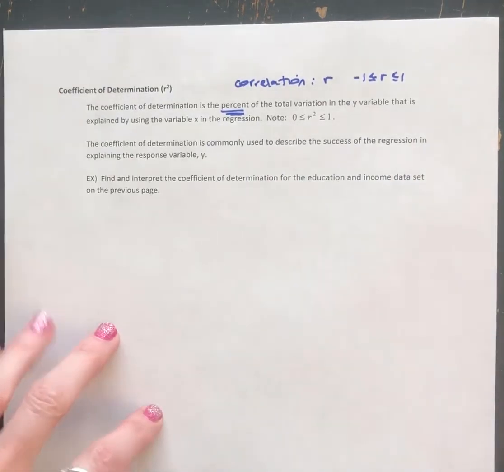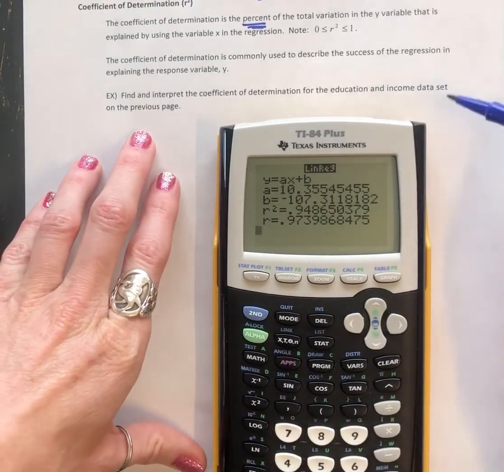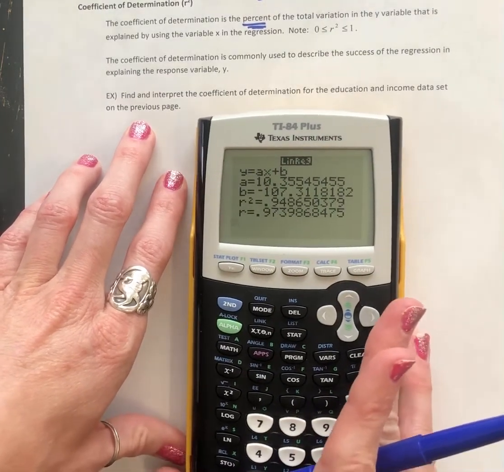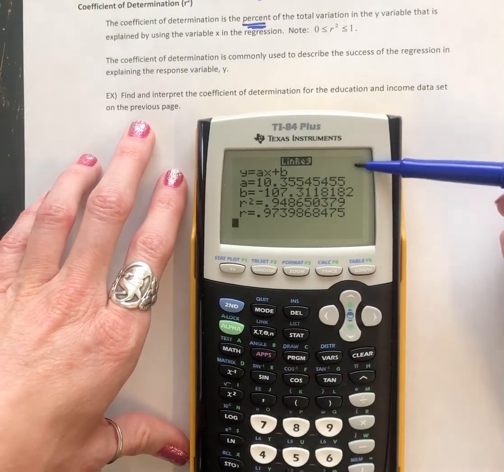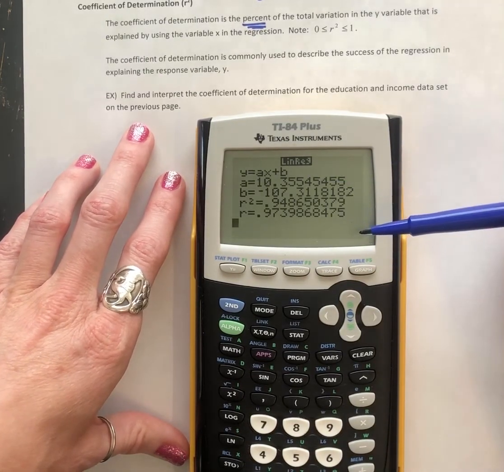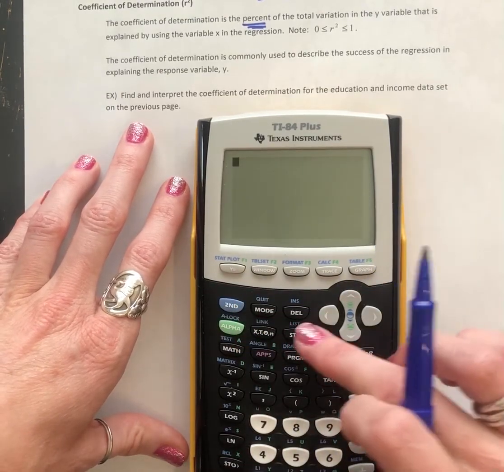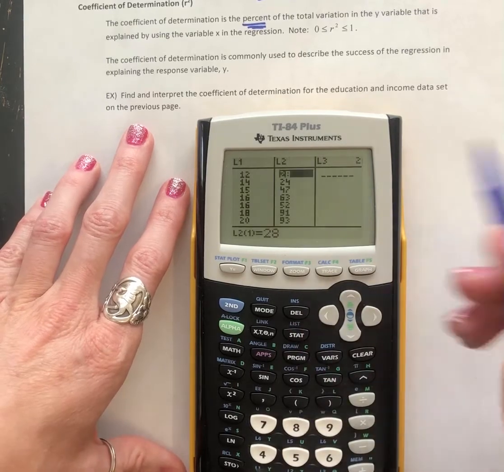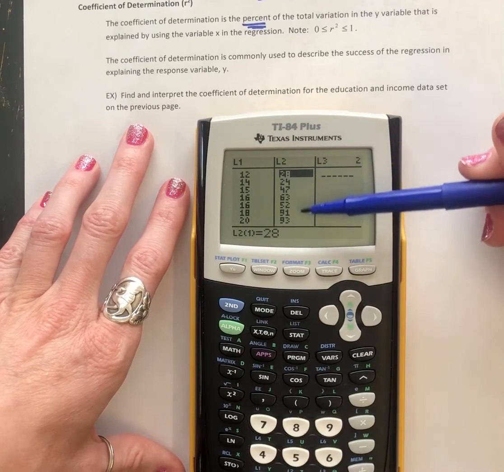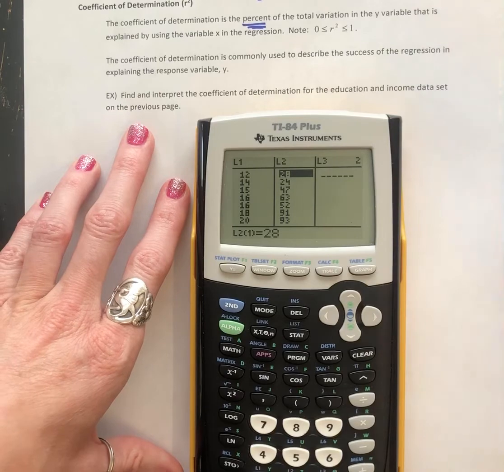Okay, so if we go back to our data set on years of education and annual income, we had just entered the data into the calculator and gotten the following output. Where that came from was we went to Stat Edit, we entered years of education in list 1 and annual income in list 2, so our x values in list 1, our y values in list 2.